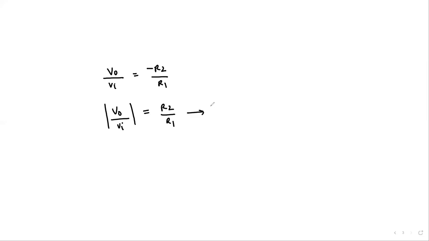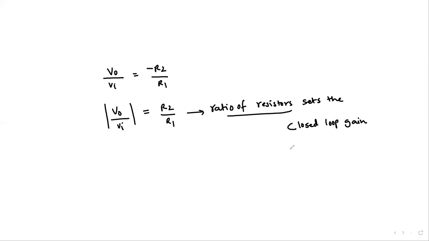So this is the ratio of the resistors. It sets the closed loop gain indicated by ACL.